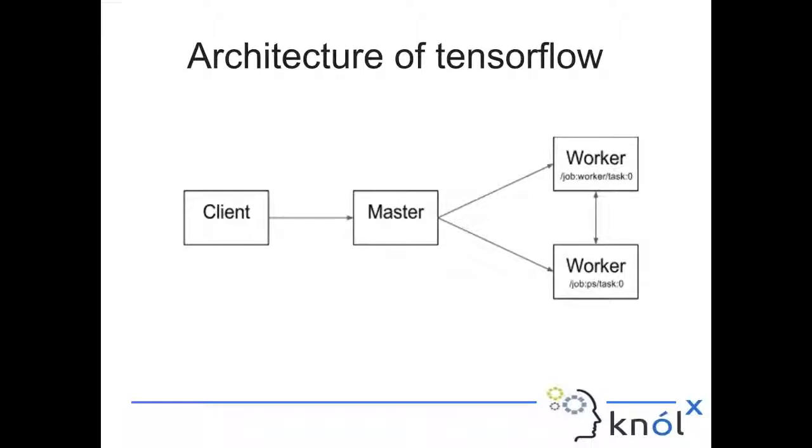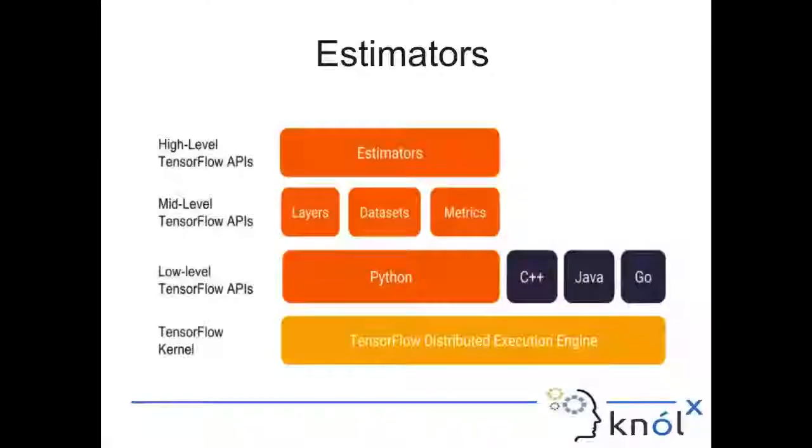TensorFlow works in a master and slave architecture just like Spark or Hadoop, so I think we already know about it. Then TensorFlow has different libraries built on top of the C API.